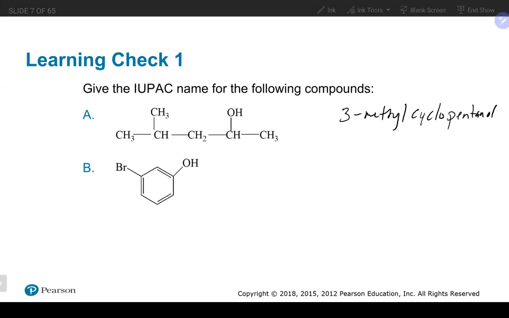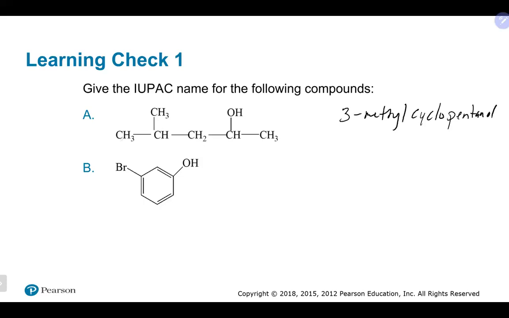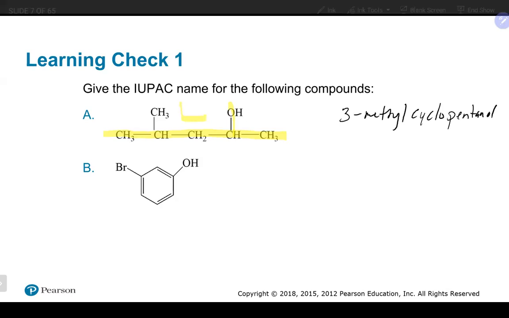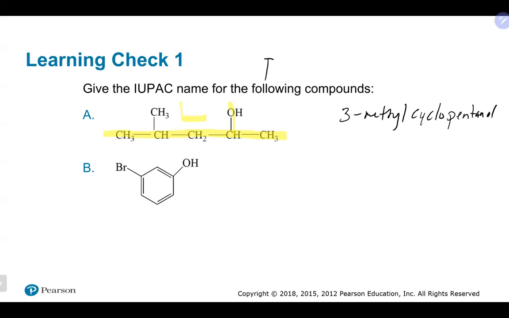All right, let's take a look here and see how we're doing. So longest carbon chain, 1, 2, 3, 4, 5 has the OH. We again could get it if we went that way as well. So 5 carbons there with the OH will give us pentanol.